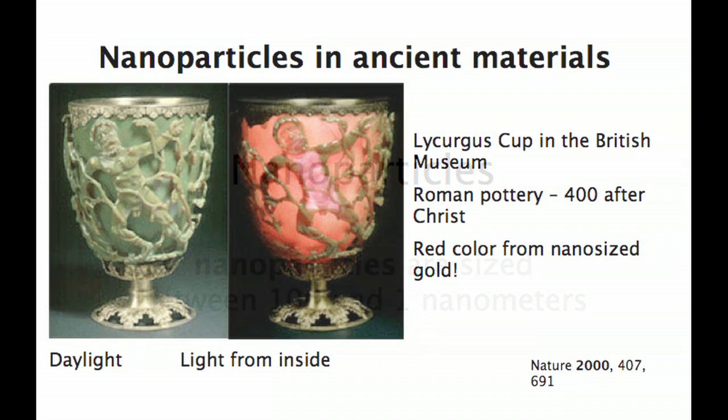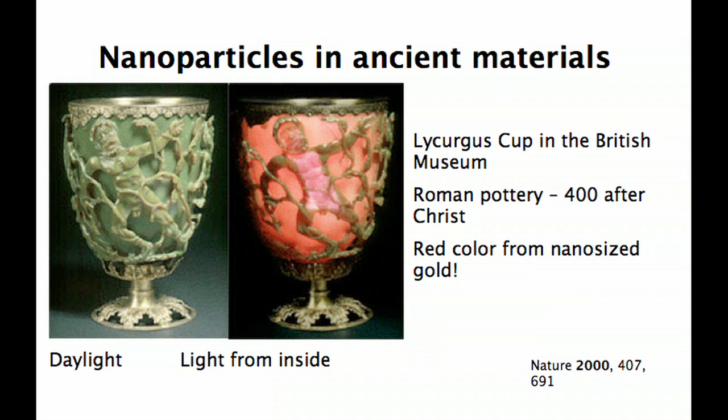One of the examples is this cup, which is from the British Museum, from around 400 BC. When you look at this cup in the daylight, it appears to be green. But if you illuminate it from inside, it's red. That coloration is due to the fact that the Romans had found a way to introduce nano-sized gold particles for the dye.